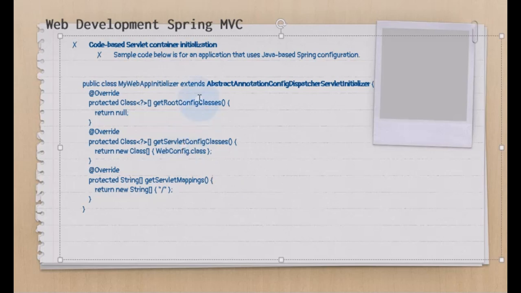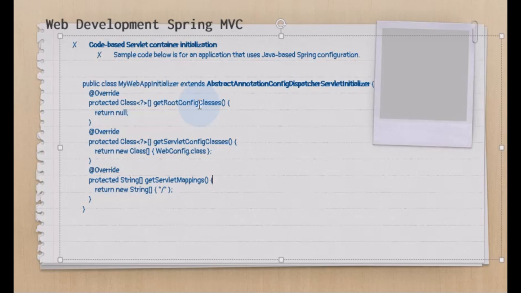Another method is getRootConfigClasses. If you remember the code that was generated by the wizard in the web.xml file, there were two bean definition files. One was called the root context, and the other was the application context used by the dispatcher servlet.